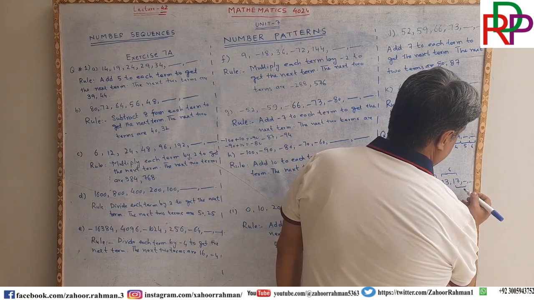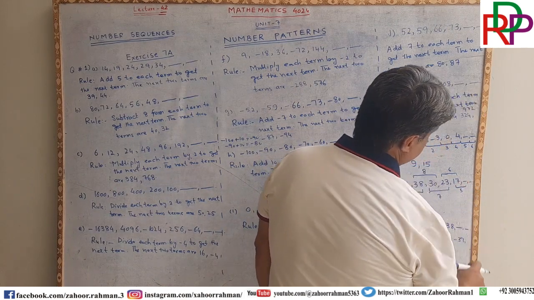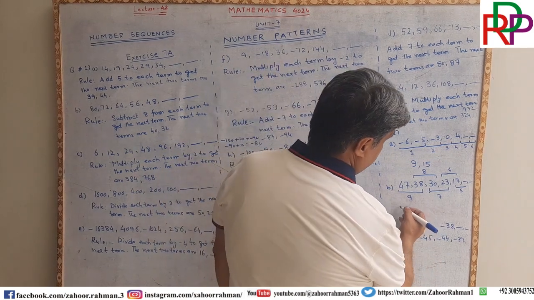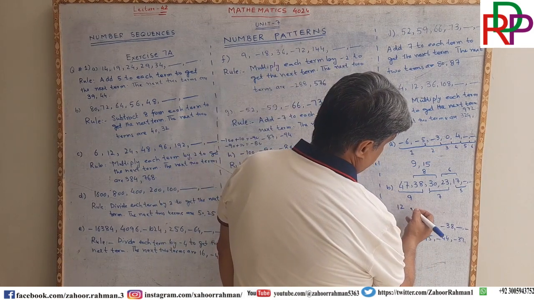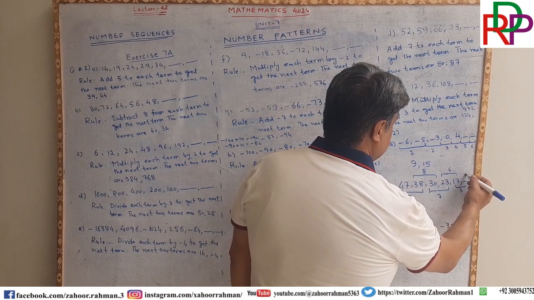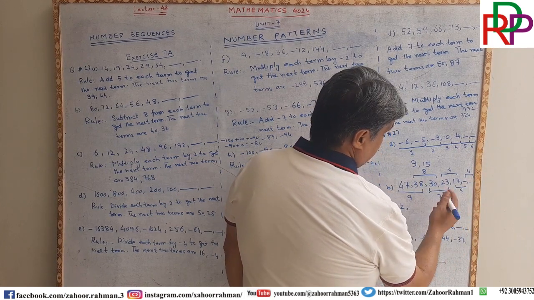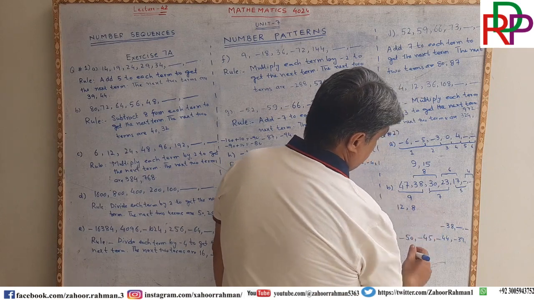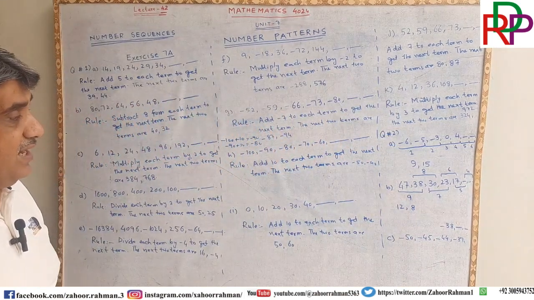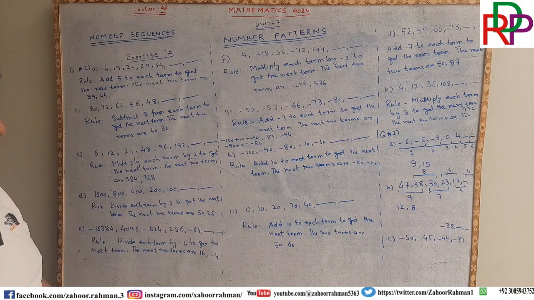So here the difference will be 5. And when we subtract 5 from 17, the next term will be 12. And the next is 4. We are getting here 12. So 12 minus 4 is 8. So the next two terms are 12 and 8.